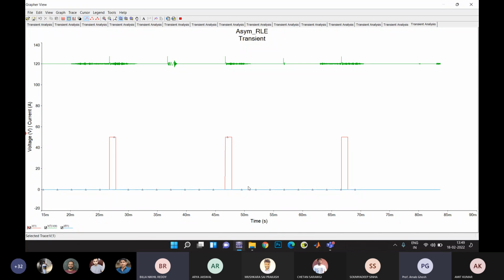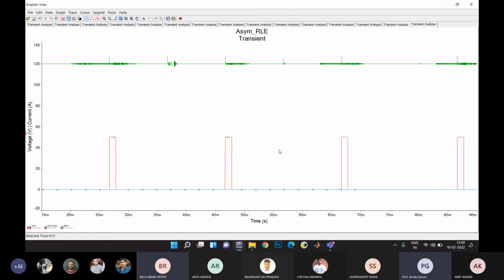That's what I'm talking about. Can you please tell me the justification of this diagram? Sir, due to back EMF 120 volt.